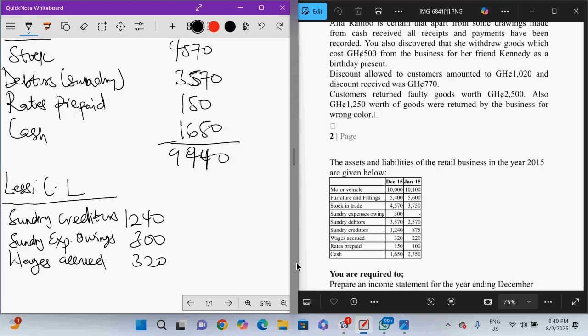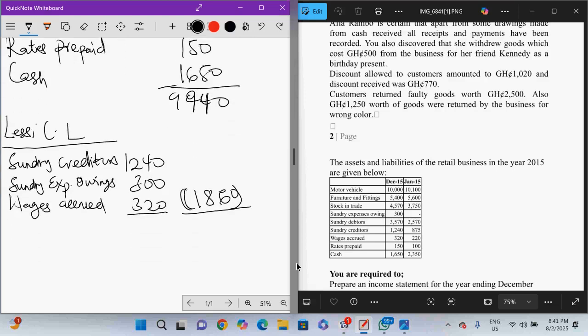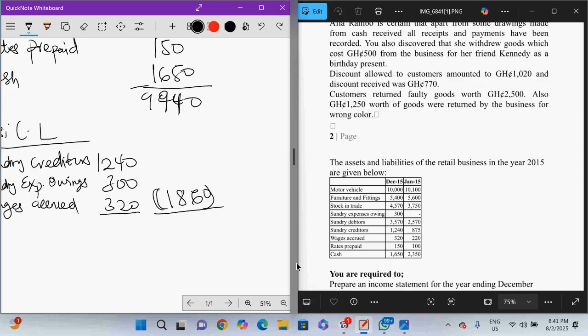Rate prepaid, we've already brought that. Yeah, so that is it. What is the total? 1860.